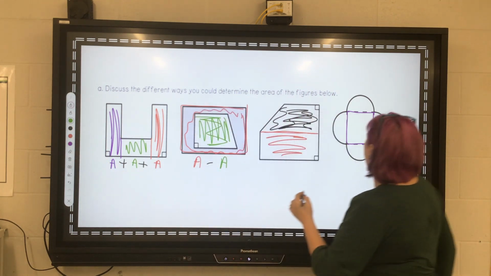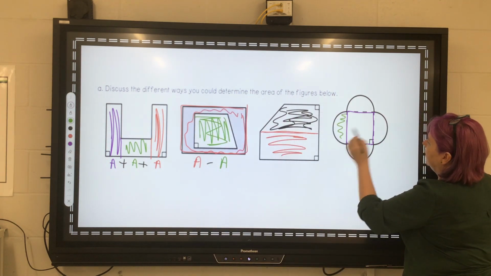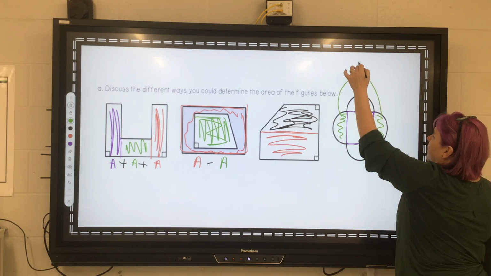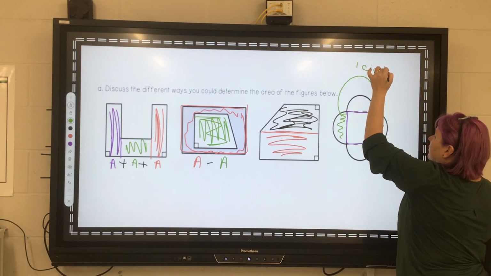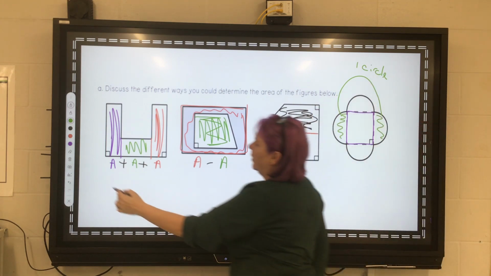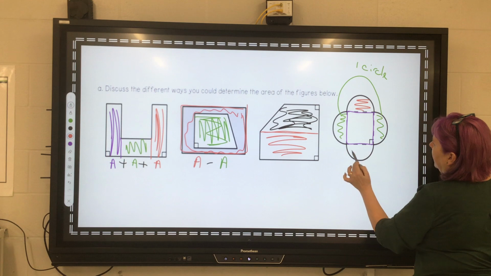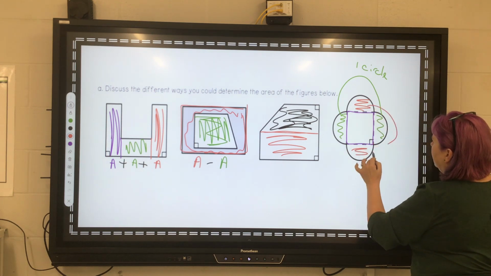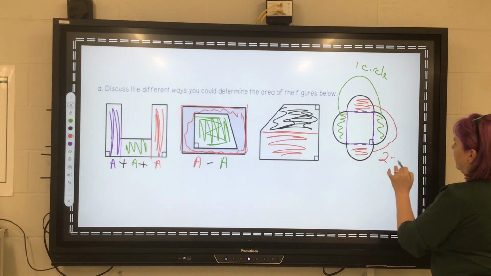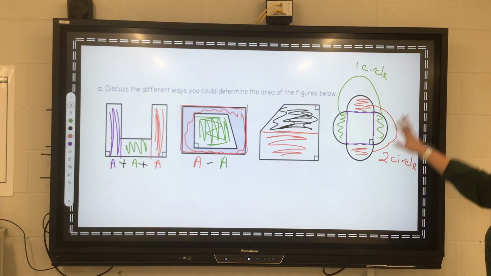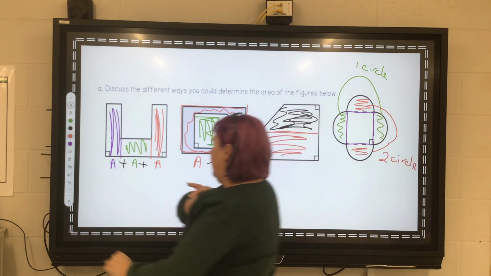And then I have a semicircle and a semicircle. So these two pieces make one circle. And then this shape and this shape, these two pieces make the second circle. Okay, so that's how you would do these.